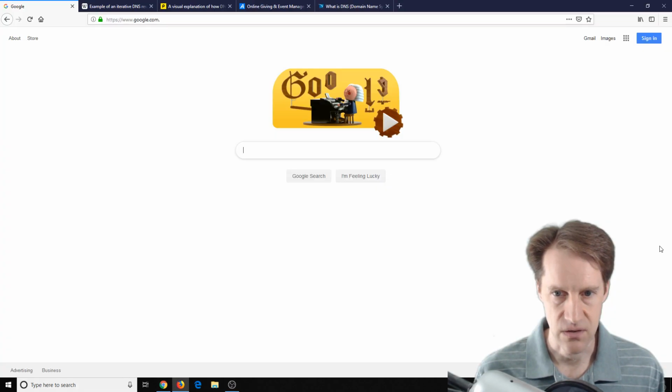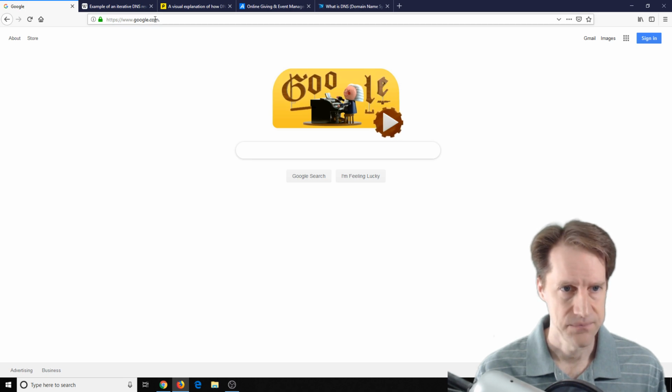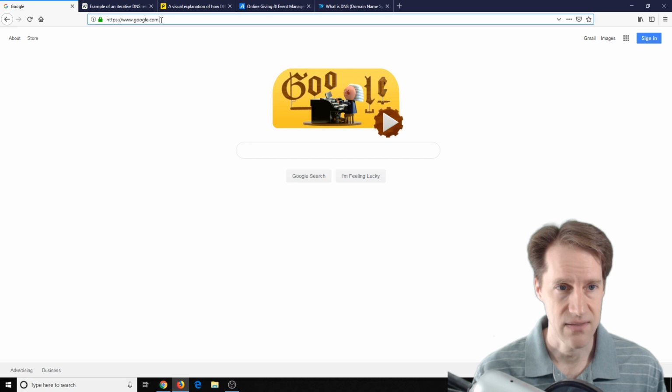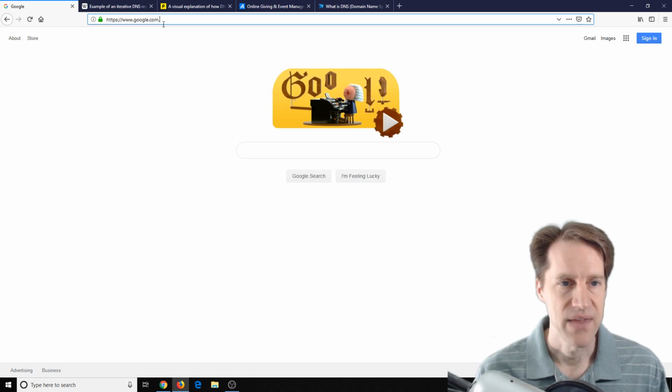So let's take a look at what it means by hierarchical. If you look at, say, google.com, it's hierarchical because you can actually place a dot at the end of the domain, and that is perfectly valid because that is considered the root domain. The next one over, the .com, is considered a top-level domain.